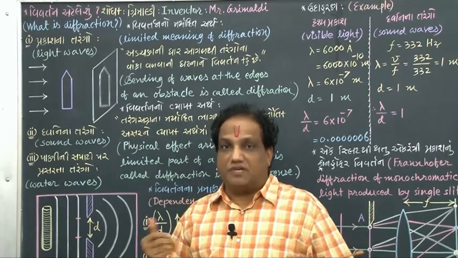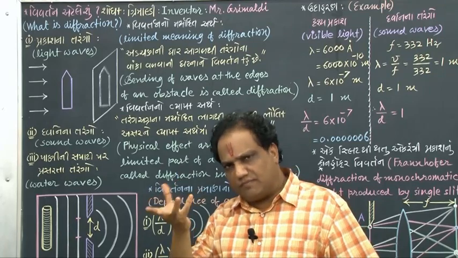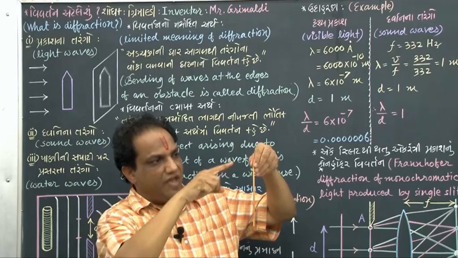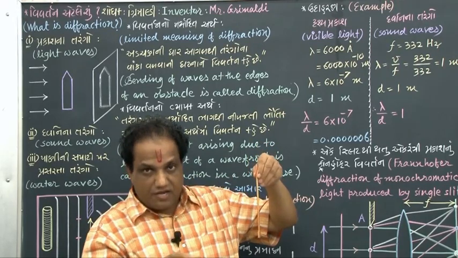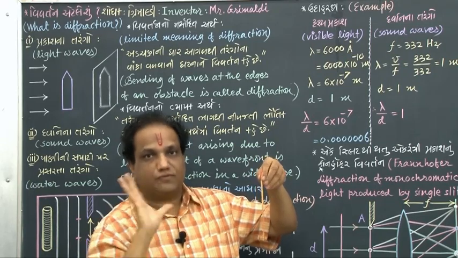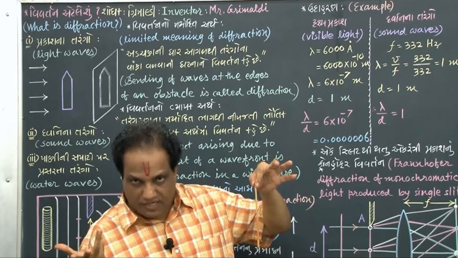Because of what reason do you get such edges? Simple, very simple. When light waves are propagating, if anything comes in the way, it becomes an obstacle for light waves. Right now, the obstacle is in the form of a wooden pencil.